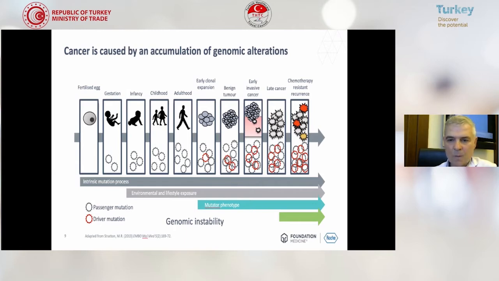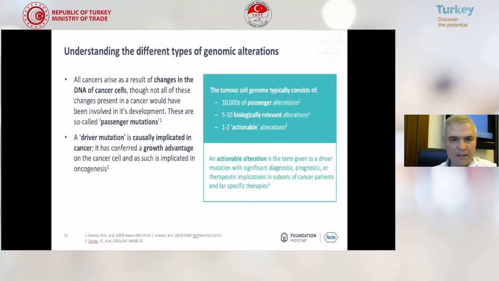For example, as you see, the red circles are somatic mutations, and the gray circles are the other mutations. So then they accumulate, and a cancer can occur. So this is called genomic instability. So we have to understand all the genomic alterations.